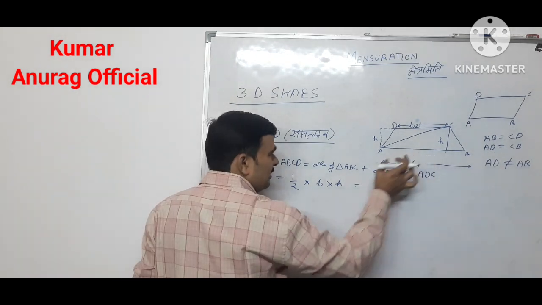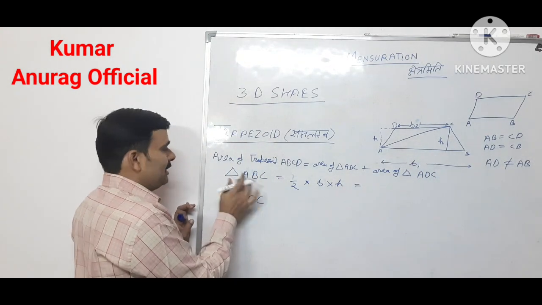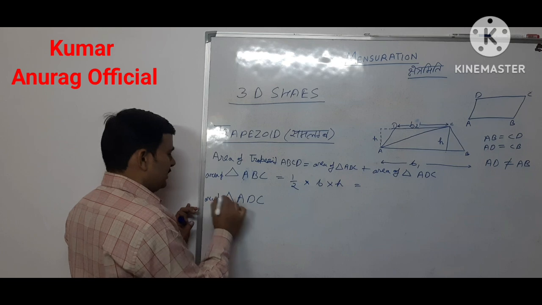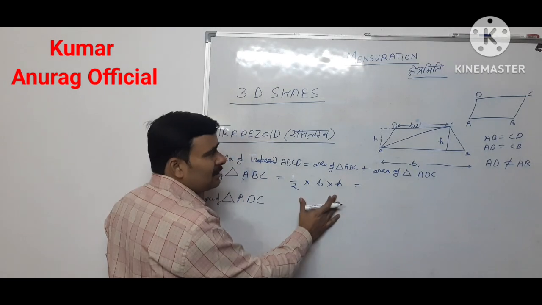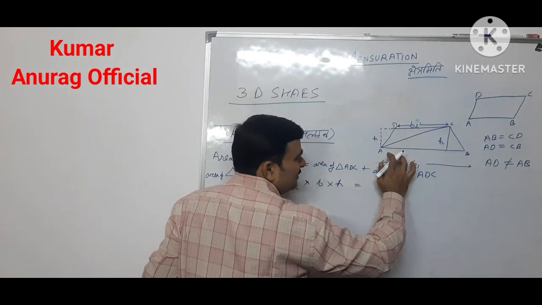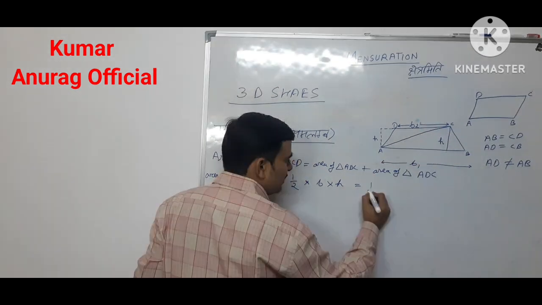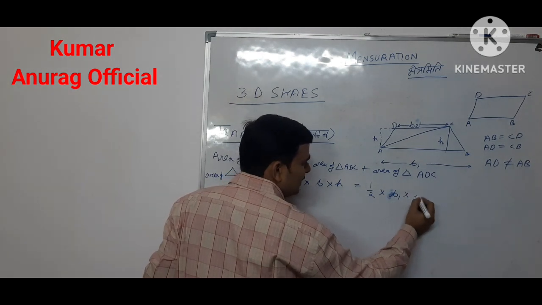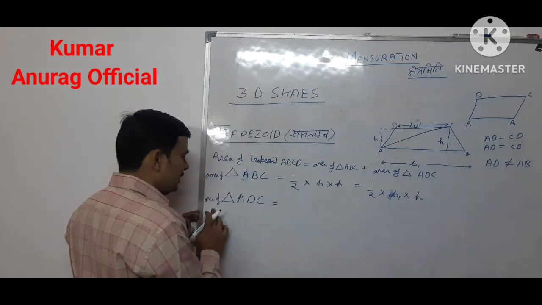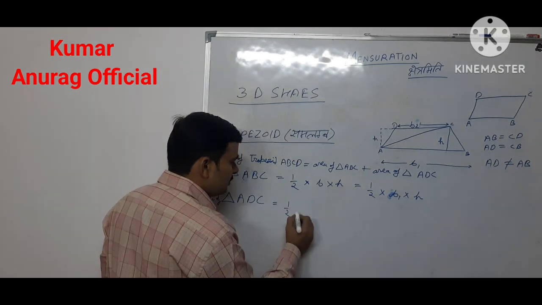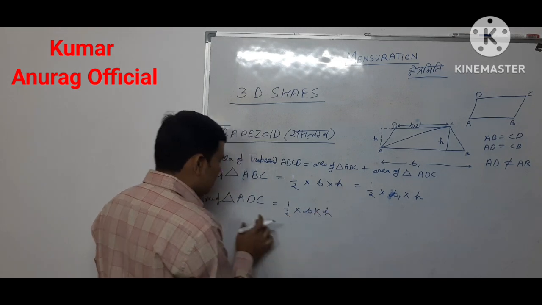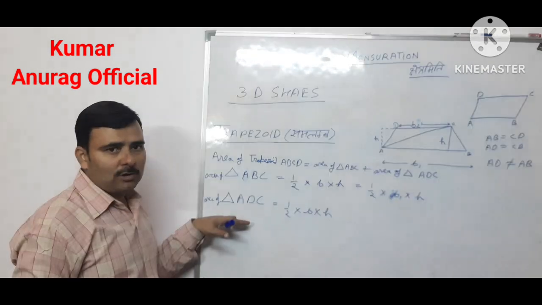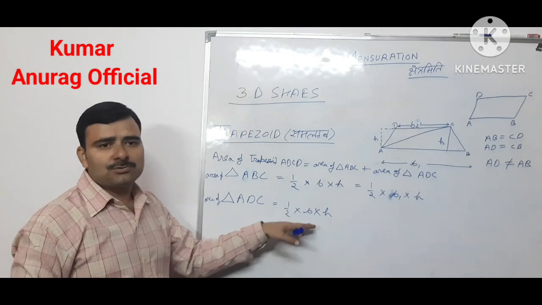When we discuss the area of triangle ABC, in triangle ABC the base is B1, we can denote the base as B1 and the height as H. In the area of triangle ADC we can denote half as well. The area of any triangle is the same, so we have the formula: area of a triangle is half height into base.